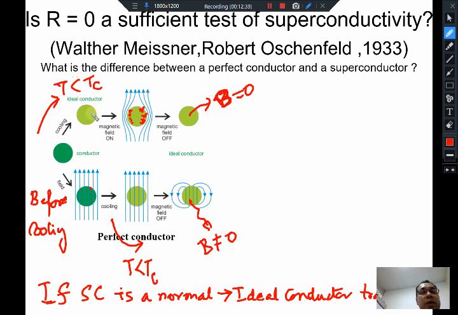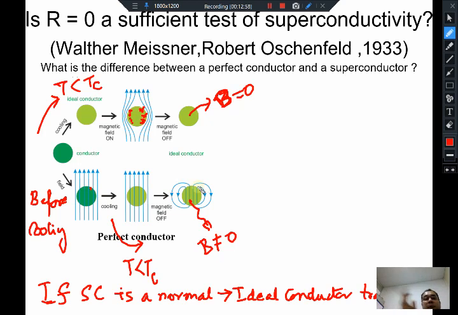You can first cool below the superconducting transition and then apply a magnetic field, and it will reach a B equal to 0 state. If you first apply the magnetic field, then cool the material, and then make the magnetic field equal to 0, you will reach a different state.